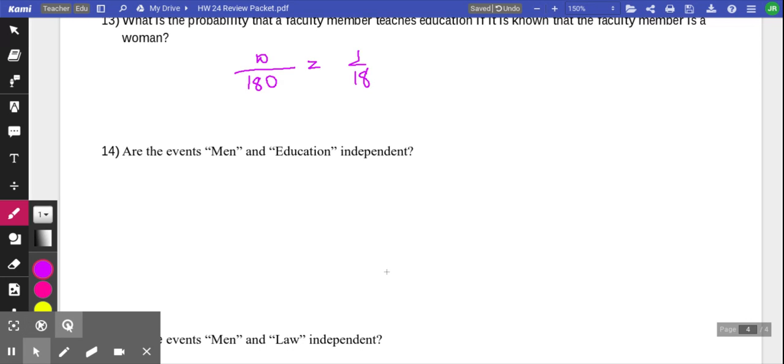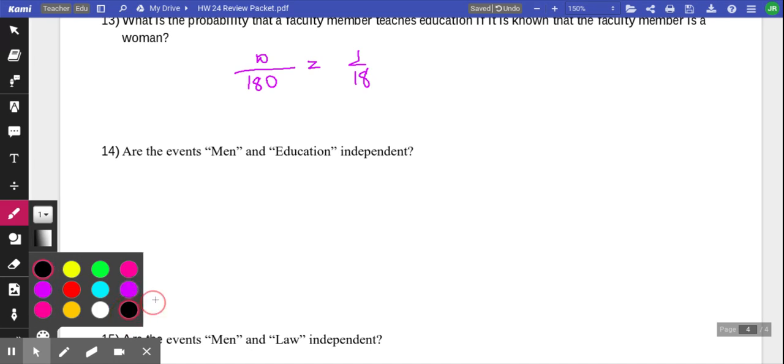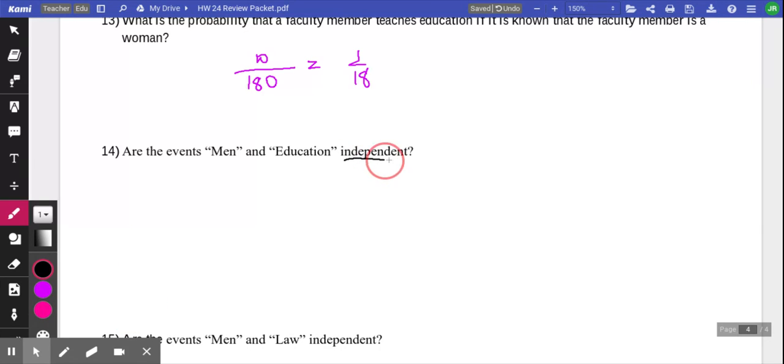The next two questions are a little bit more challenging, but not too bad, especially if you know your formula for independence. So are the events men and education independent? The formula for independence is that their intersection is equal to the individual probabilities multiplied together.